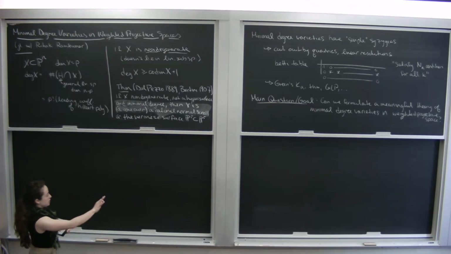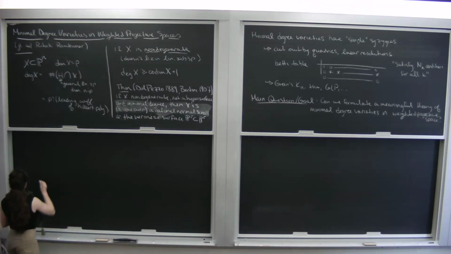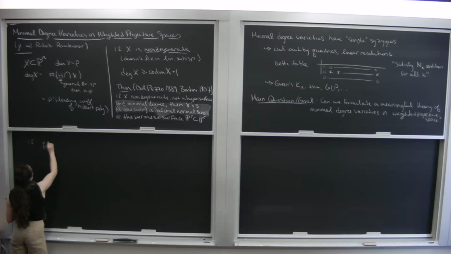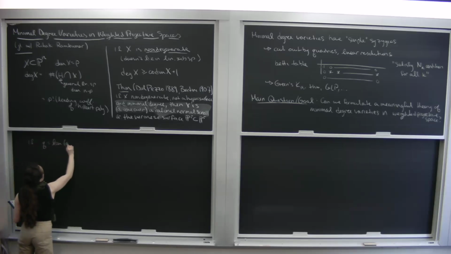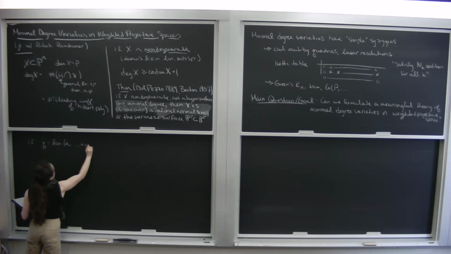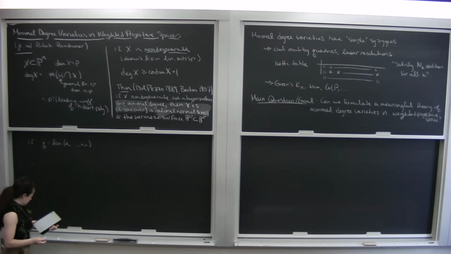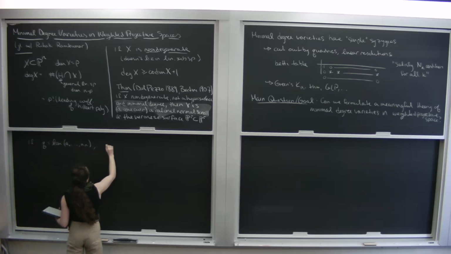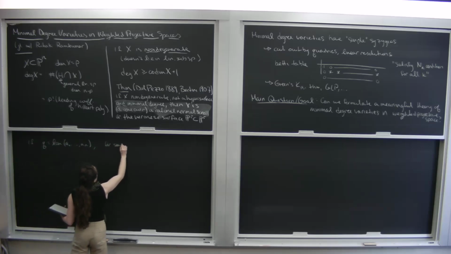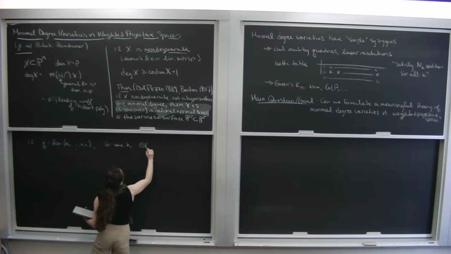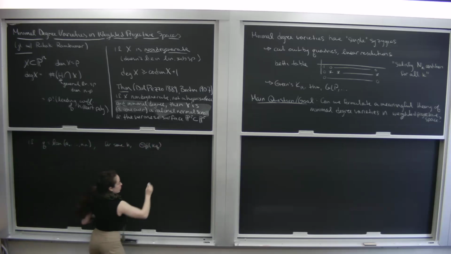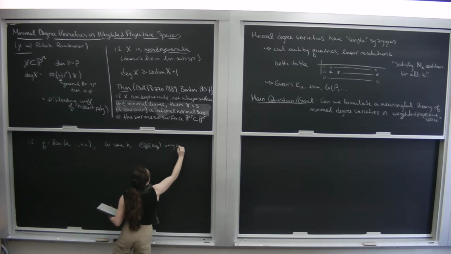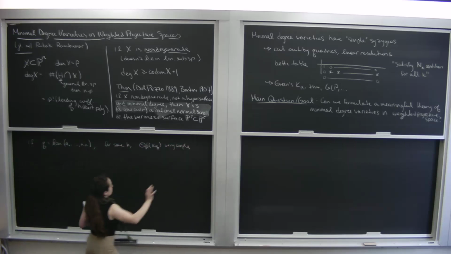But let's make a note about this: if Q is the LCM of my weights, then for some K, O of K times Q is very ample on my weighted projective space.